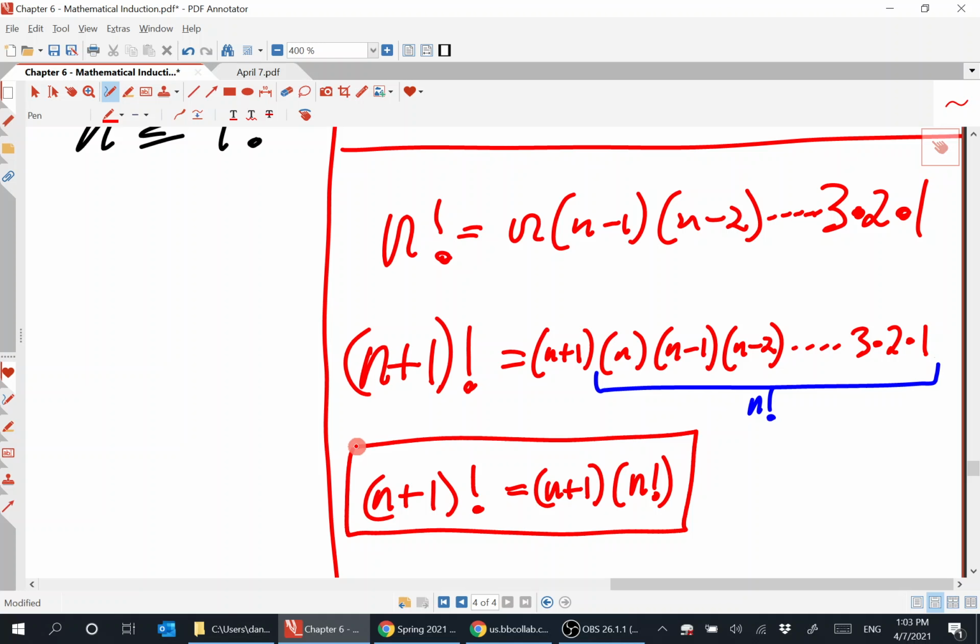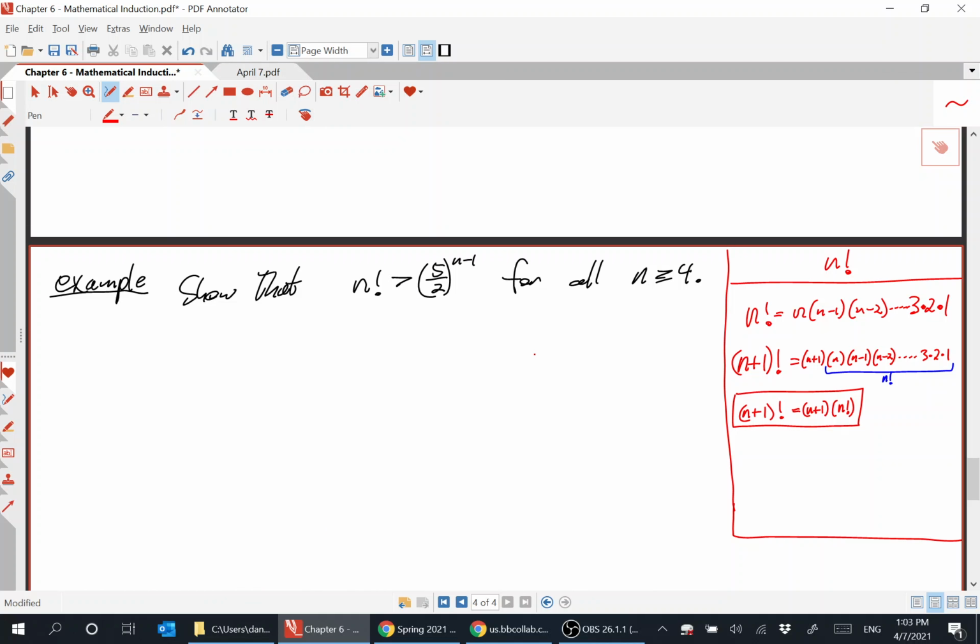So this is going to be useful in doing an induction proof on a factorial expression. Okay? All right.